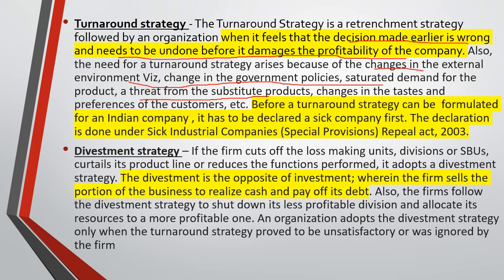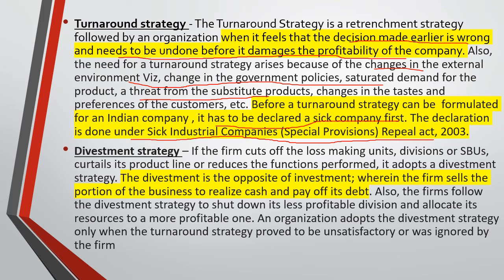Before a turnaround strategy can be formulated for an Indian company, it has to be declared a sick company first. The declaration is done under the Sick Industrial Companies Repeal Act 2003. So turnaround strategy is a retrenchment strategy where the firm takes new decisions because it realizes that the decision made earlier is wrong and needs to be undone.